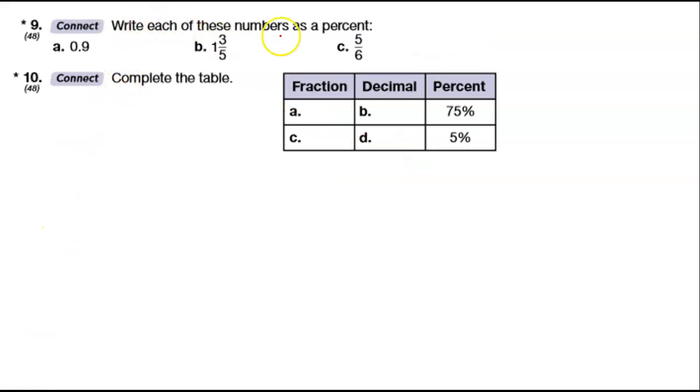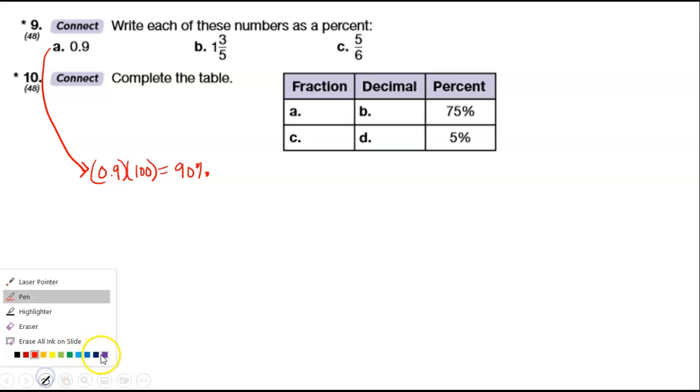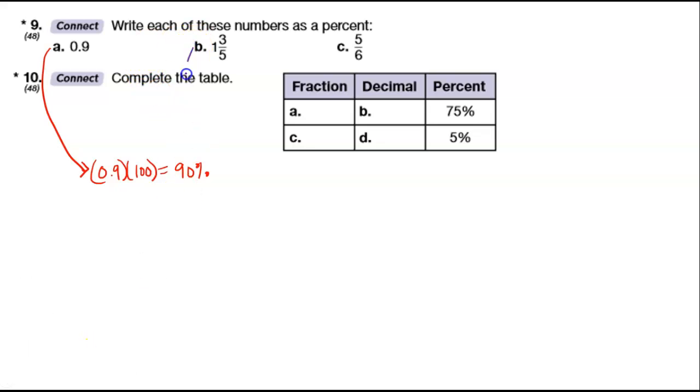Okay, write each of these numbers as a percent. If this is already a decimal, to go from decimal to percent, I multiply by 100. So this is 90%. Okay, I'm going to change colors because it's about to get kind of whack in here. So this is 1 3/5. To go from fraction to decimal, I divide.